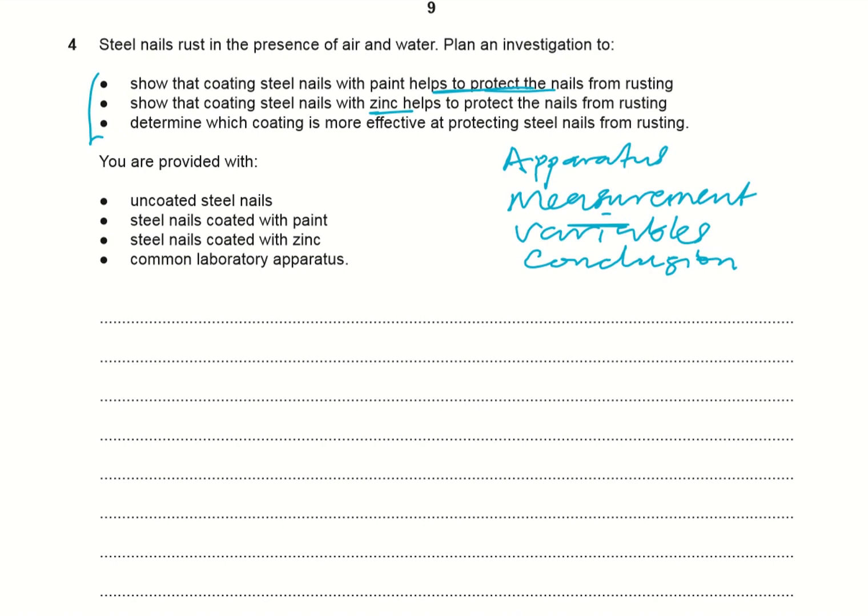Let me just try to be very expressive for you. So what you do first here, if I was to plan this experiment, I will weigh the nails and record their initial mass.